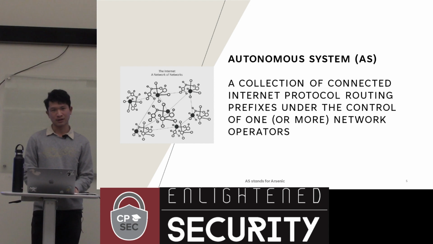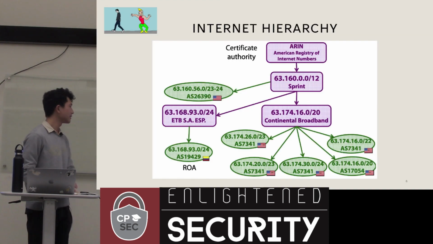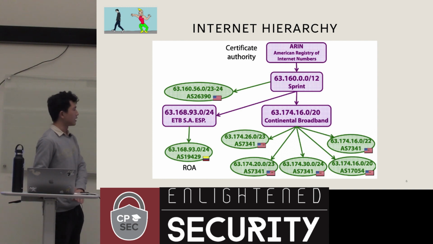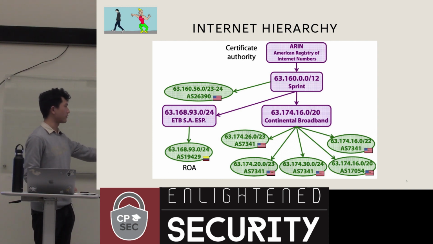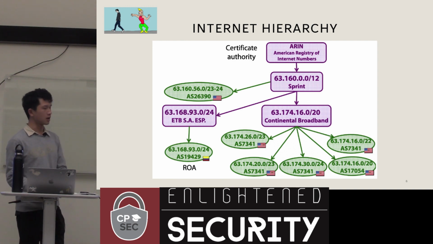So that would be someone like Spectrum Wireless, as we were talking about earlier. But as we'll see, there's a nested nature to this. In this graphic, let's just pay attention to the purple boxes. Those denote the autonomous systems.